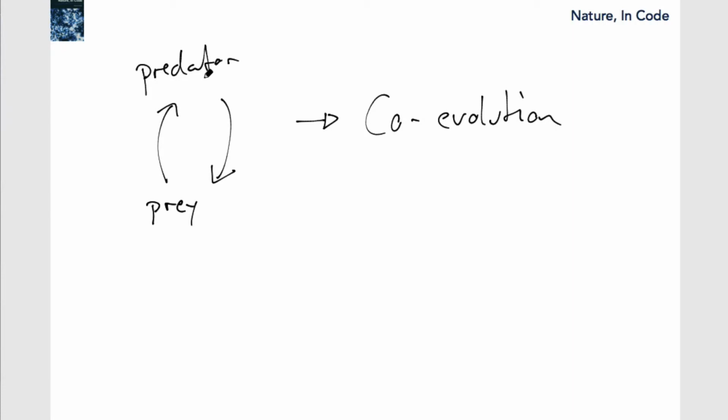And if that biotic environment is another species, well, that species is also under selection. And if the interests of those species are opposed to each other, as is the case in predator and prey, then you can get a situation where this coevolution can lead to very fascinating cyclical dynamics.